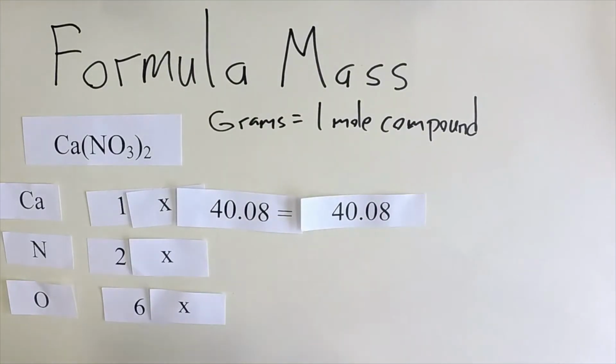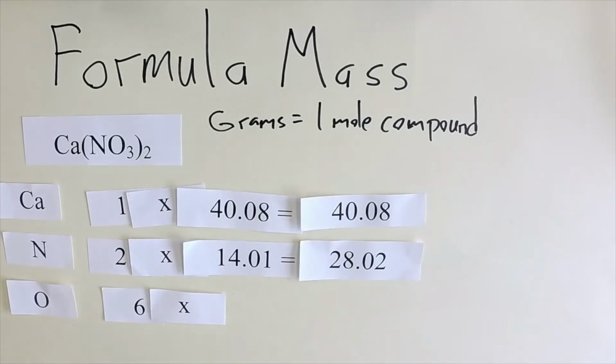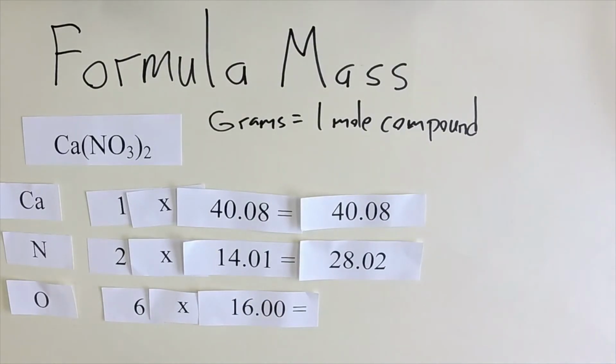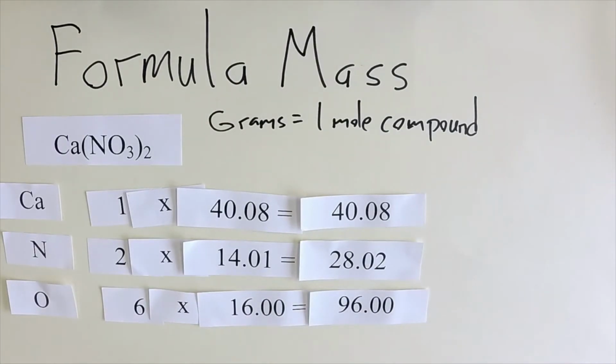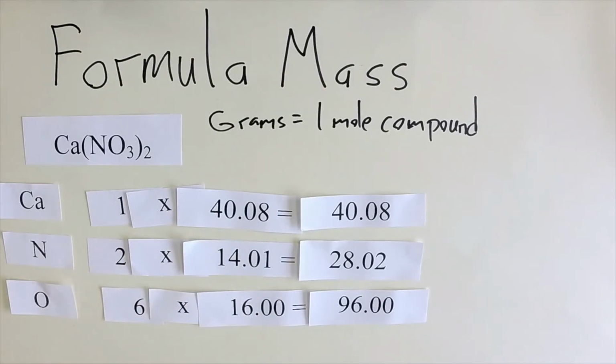For nitrogen, 2 times 14.01 equals 28.02 in the formula, since there are 2 nitrogen atoms. Finally, the oxygen, 6 times 16.00 gives you 96.00. So that's the next step: multiply the number of atoms of each element by the average atomic mass for the element. And again, the average atomic mass comes from the periodic table.